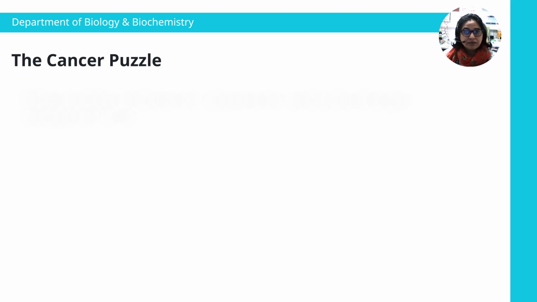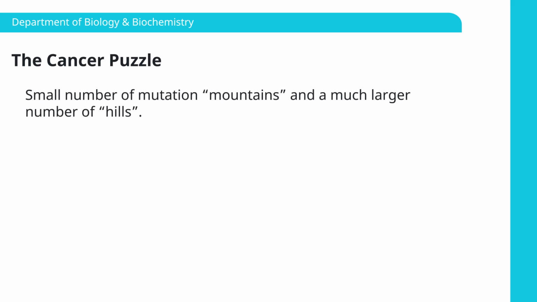So the question arises as to how many genes there might be that might be altered in a typical human tumor. And this is where the conundrum arises, or the puzzle arises. It turns out that you can have in cancer cells a very small number of high frequency mutations, mutations that occur at a high level across multiple tumor types.